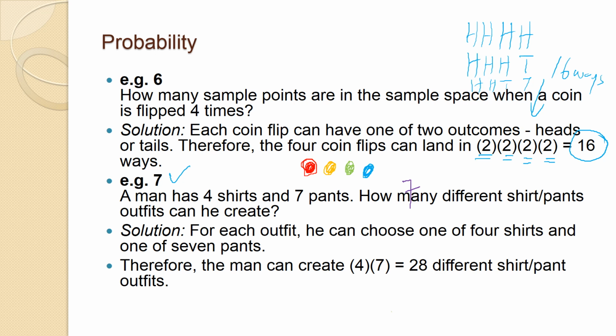So how many samples do they get? The formula is n1 times n2. So 4 times 7 becomes 28.